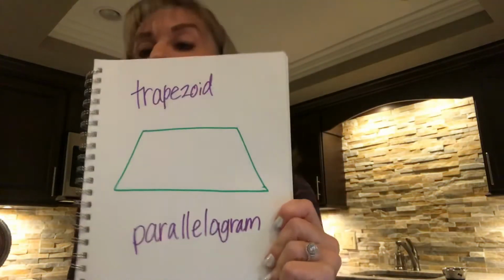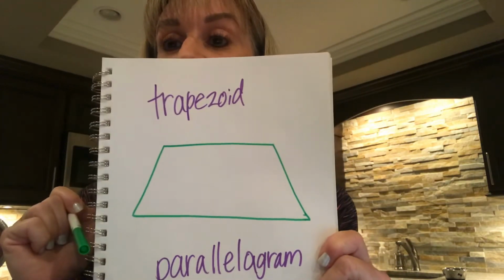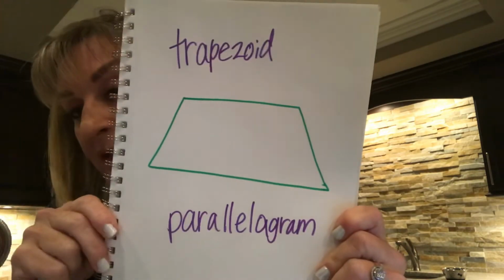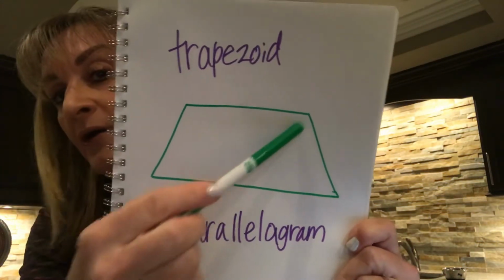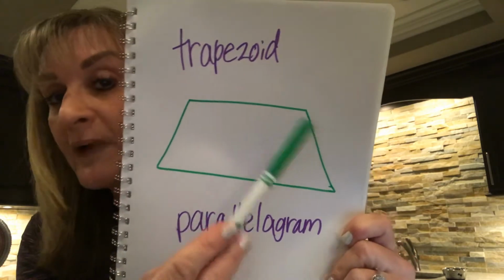Okay, so here's what I was talking about for a few of these clues. Trapezoid, does this shape look familiar to you? You should be nodding your head because we used it on the template, parallelogram. So, remember I said it had 4 sides. 1, 2, 3, 4. There are 4 sides. No right angles.